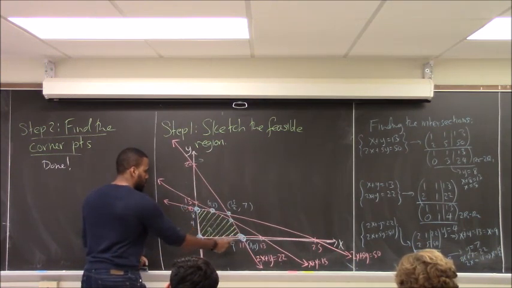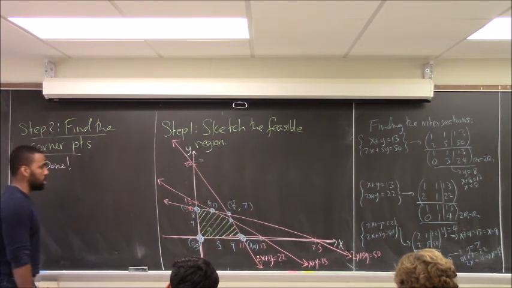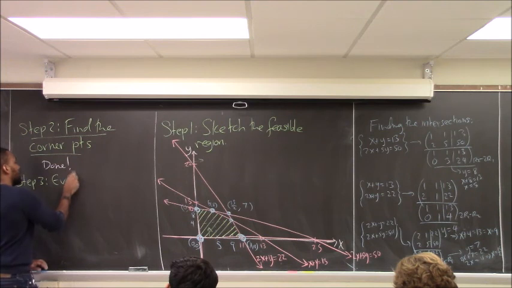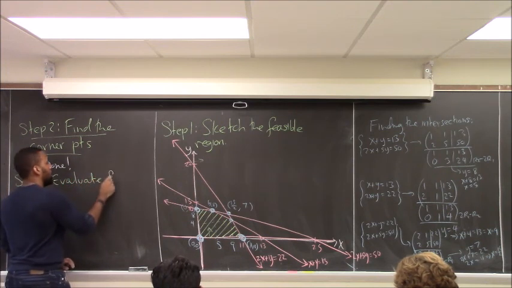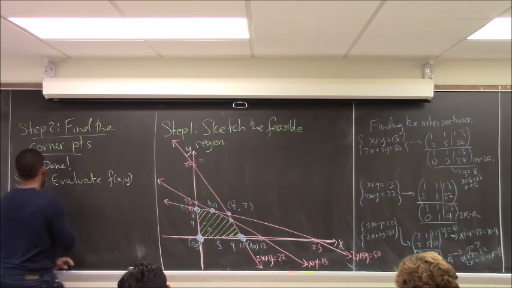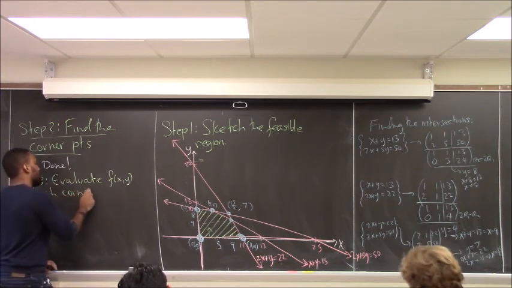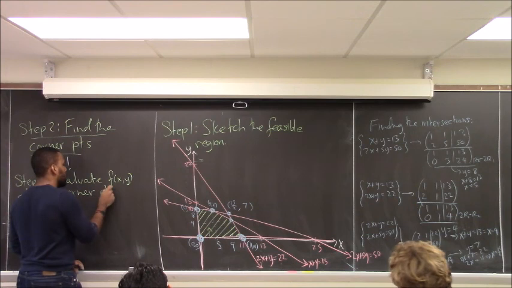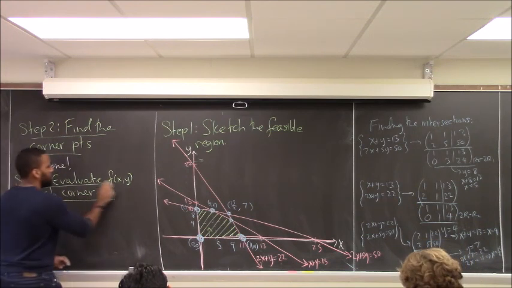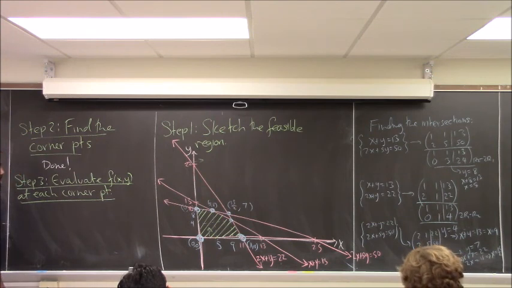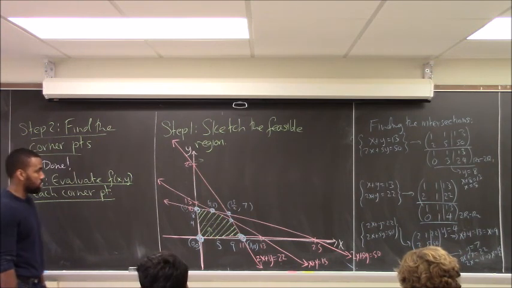So here were some extras that I filled in. Those are done. And now step 3. Evaluate f of x, y at each corner point. Because, again, you know from that theorem that the answer to the problem is going to occur either at an edge or at a corner.